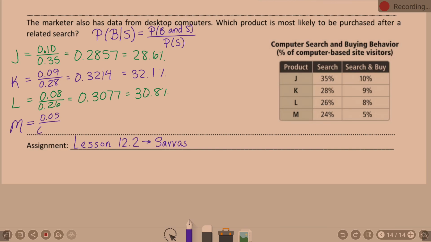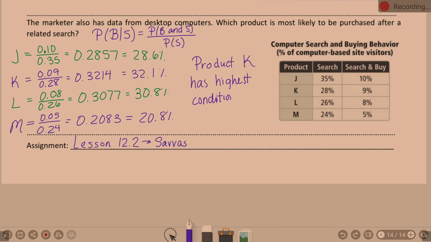Okay, 0.05 divided by 0.24 is 0.2083, good enough for me, which becomes 20.8%. Who has the highest conditional probability? Okay, so this one, product K, has the highest conditional probability.